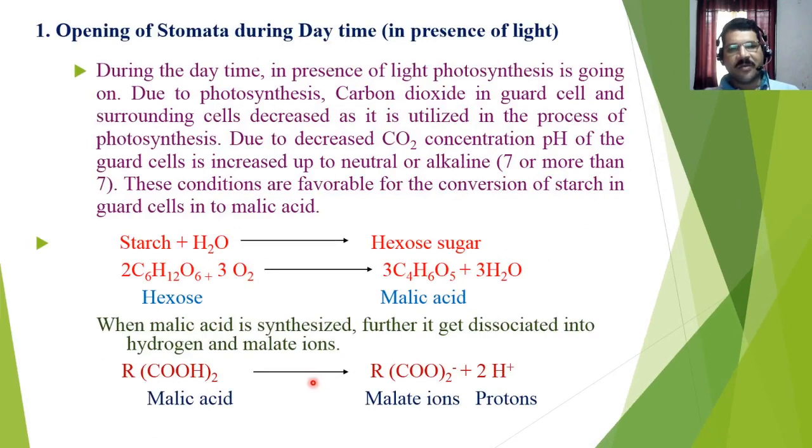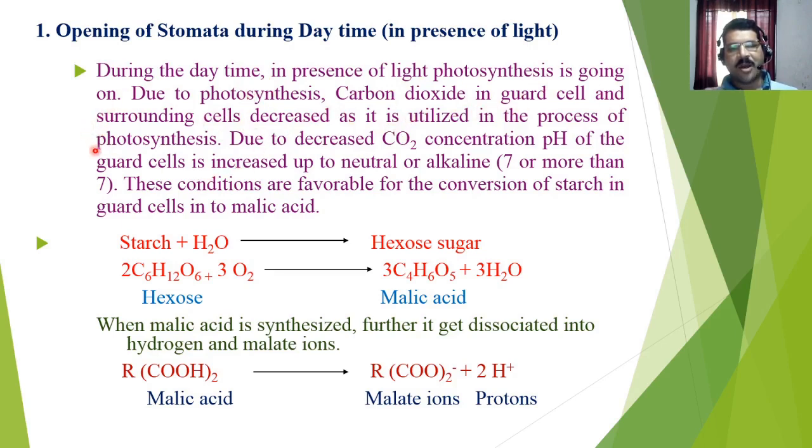Now first of all we will discuss the opening of stomata during daytime, that is, in presence of light. During the daytime we know very well that in presence of light photosynthesis is going on. Due to photosynthesis, carbon dioxide in guard cells and surrounding cells gets decreased as it is utilized in the process of photosynthesis.